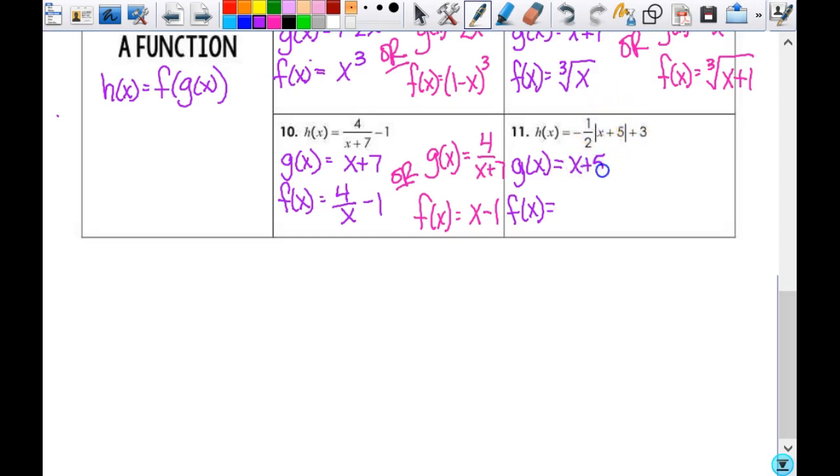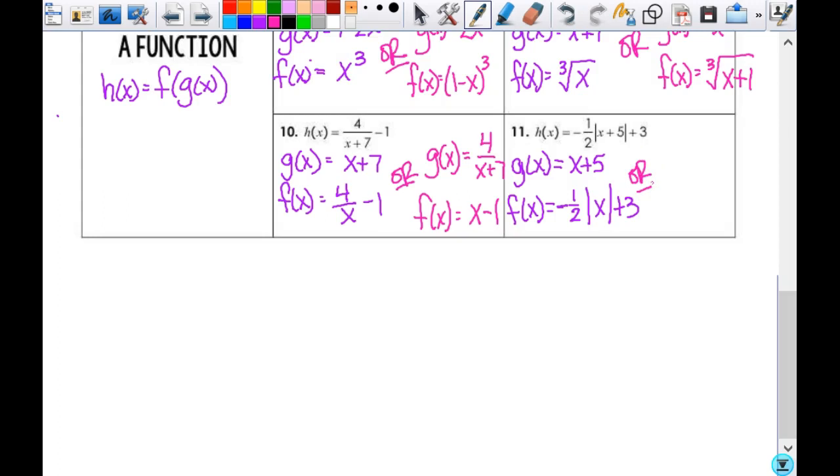X plus 5. If that's the case, then f of x would be what? Negative 1/2 times the absolute value of x plus 3. Okay, see? That's what it takes sometimes. I was dipping you, like I said. Now you get it. That's what I'm looking for, is that oh moment. You see what I mean by work from the inside out now?